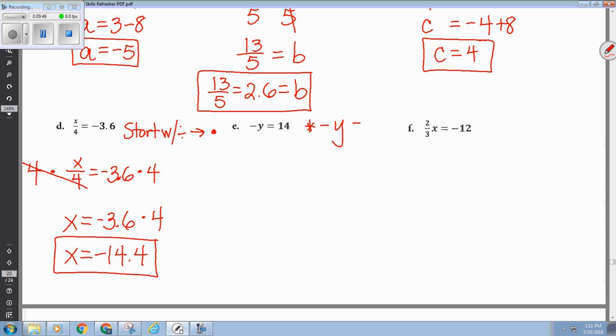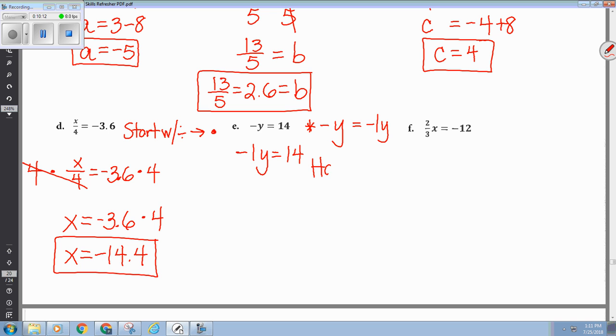So negative y is the same thing as negative 1y. So for some of you, if you know how to write that negative in there, go ahead and do that. So that's -1 times y equals 14.